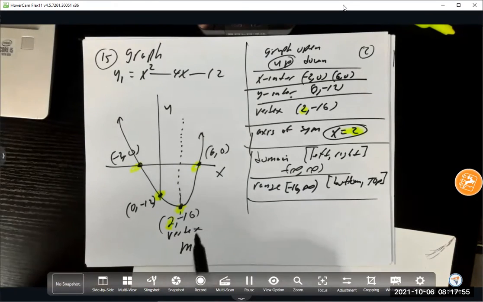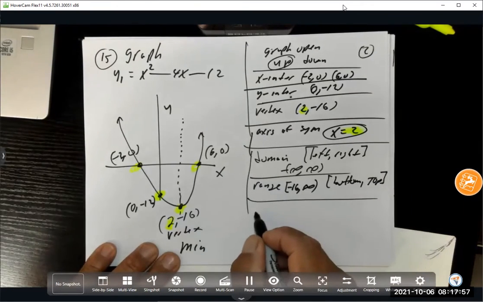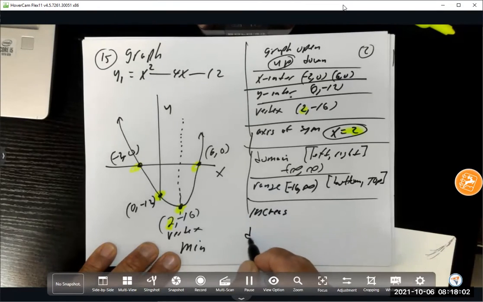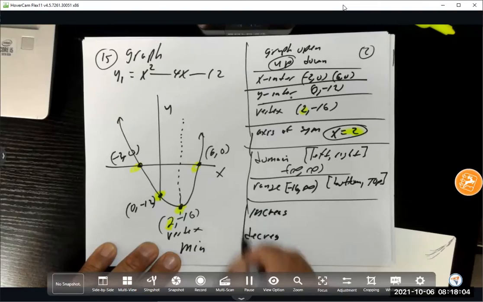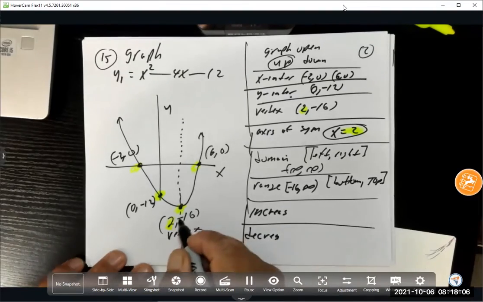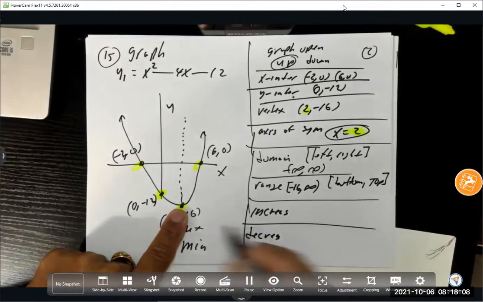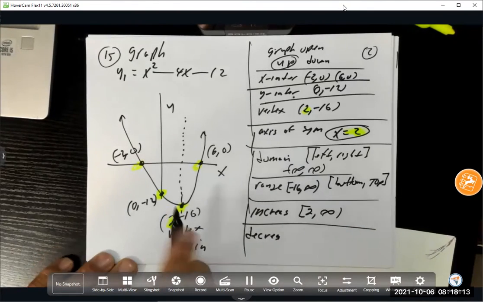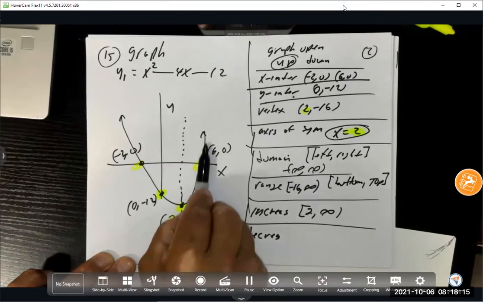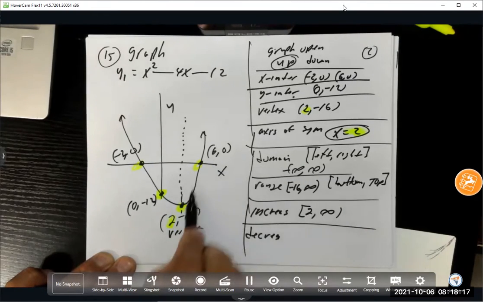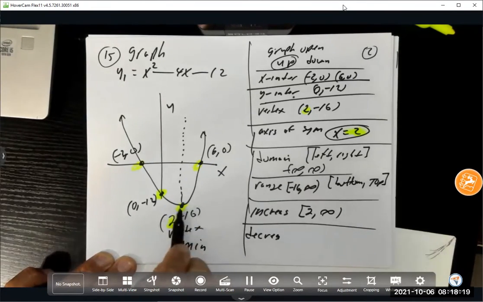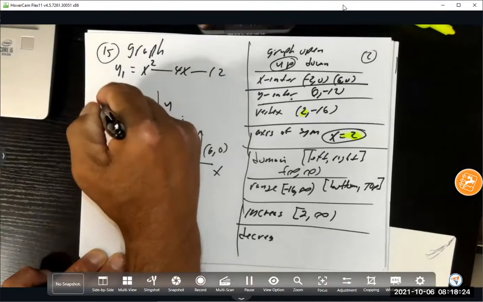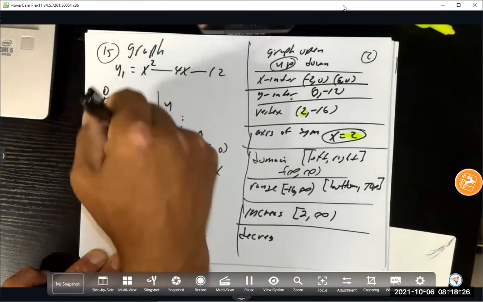Okay, so we got domain, range, and then the other question is increasing and decreasing. So increasing means from 2 to infinity, this thing's going up like this. Does that make sense? From 2, 3, 4, 5, you're going up, up, up. And then before that, from negative infinity to 2, you're going down the stairs like that.